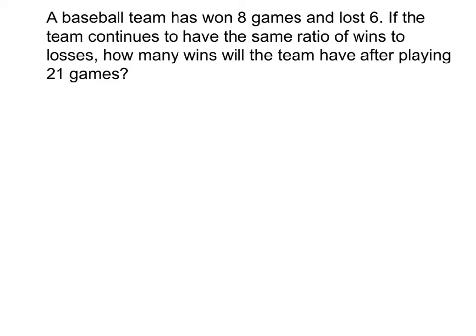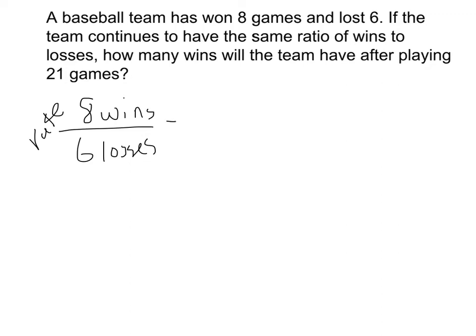So in this third proportion problem, we have established that there are 8 games won and 6 games lost. So we should write our rate: 8 wins and 6 losses. And that establishes our rate, and it makes it look like it should be a fairly easy problem, except that the information we're given is that there are 21 games, meaning 21 games played.